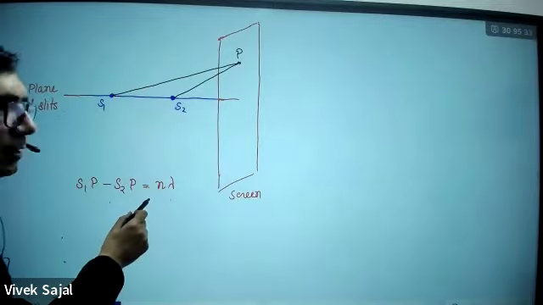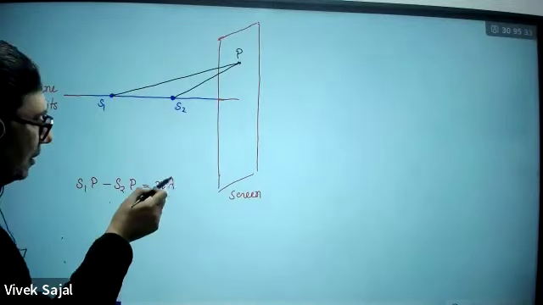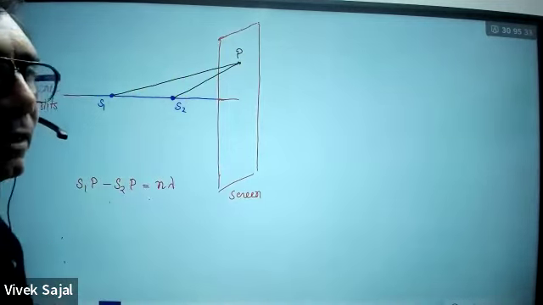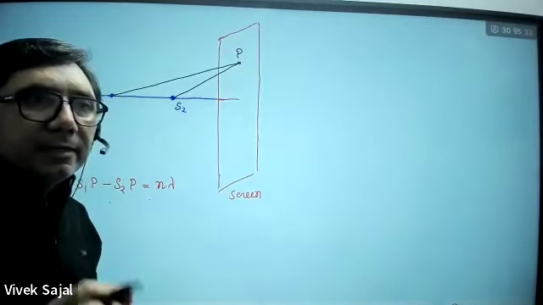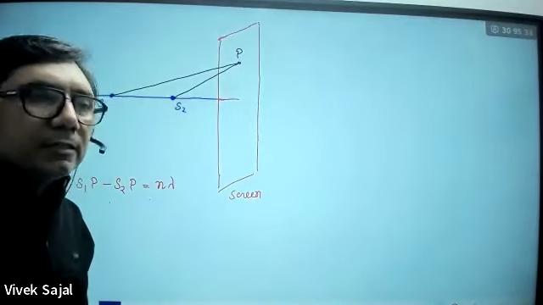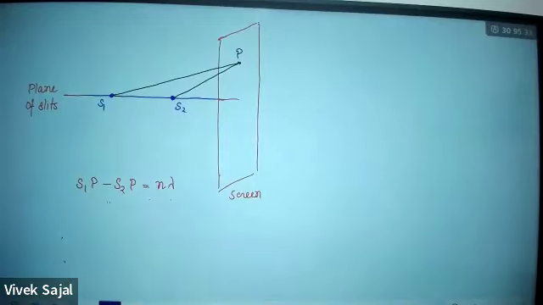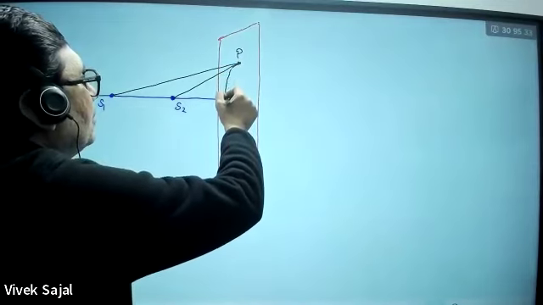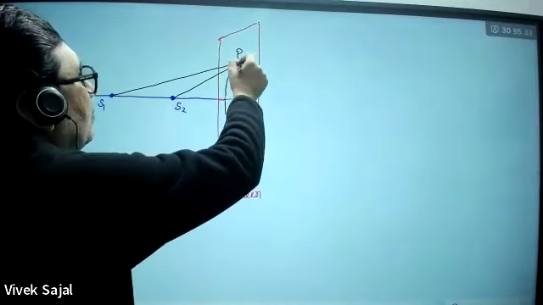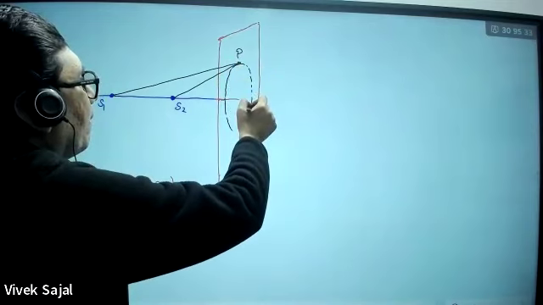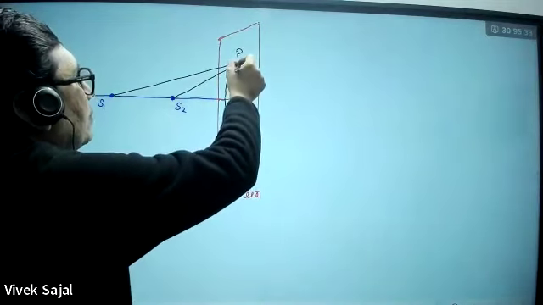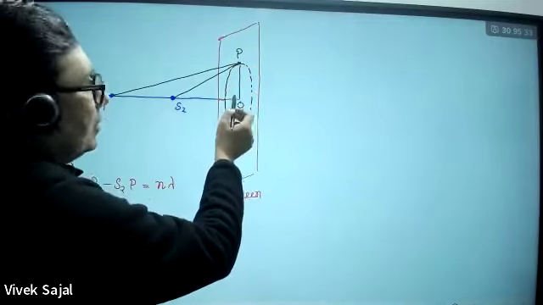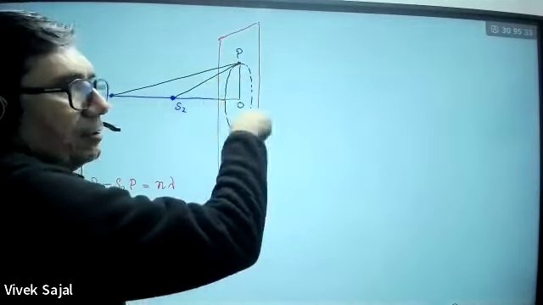So what will be the locus of the points which are satisfying this condition? The shape of the nth order maxima will be decided by the locus of points satisfying this condition. And these points will be on the circumference of a circle. So here there will be a circle. The radius of this circle is this one. I call this point O. By choosing this OP as the radius, draw a circle on this screen.